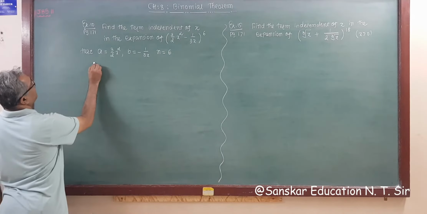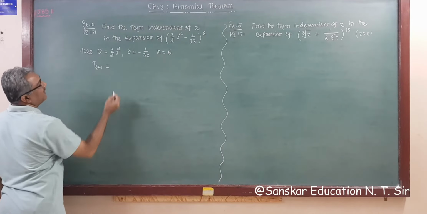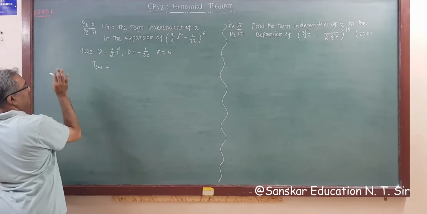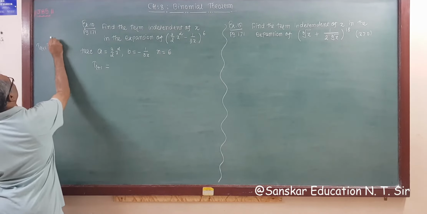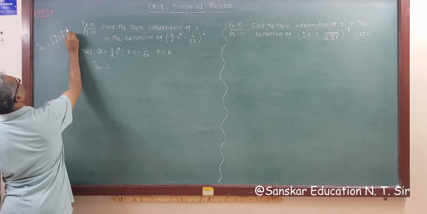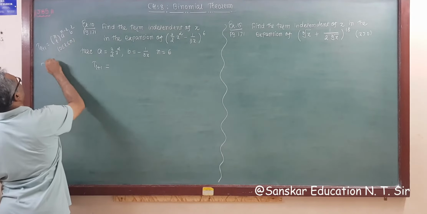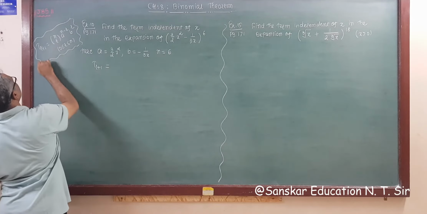So tr+1, I am not deriving the formula, as you know the formula very well. For your convenience, I am writing here tr+1 is equal to nCr a raised to n minus r b raised to r, where 0 is less than or equal to r is less than or equal to n. This is the formula for the r+1 term, that is the general term.